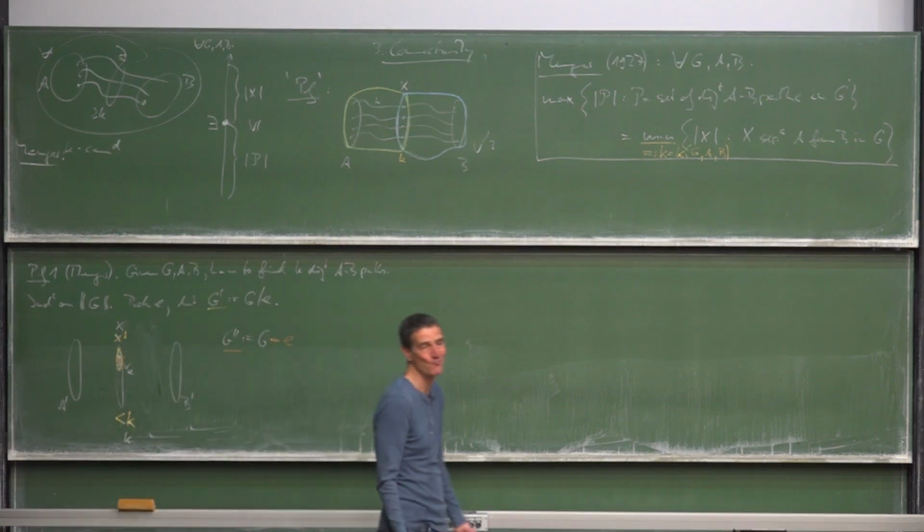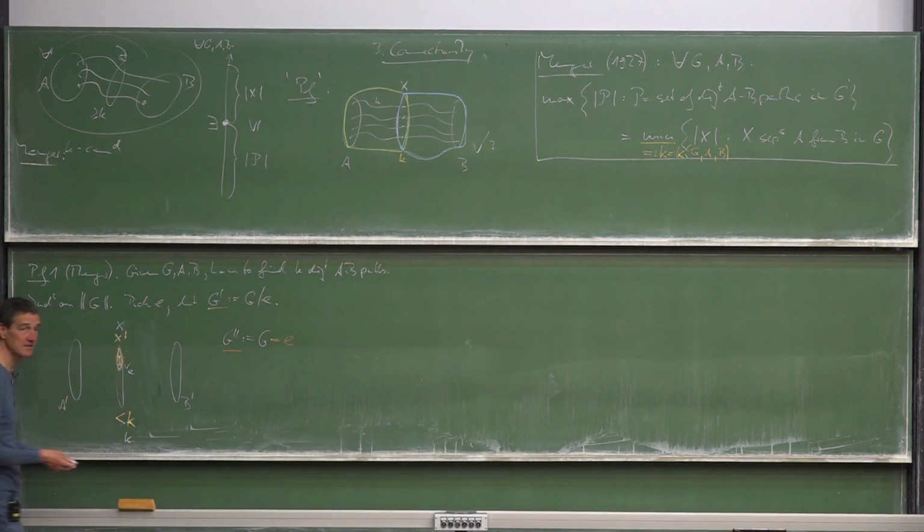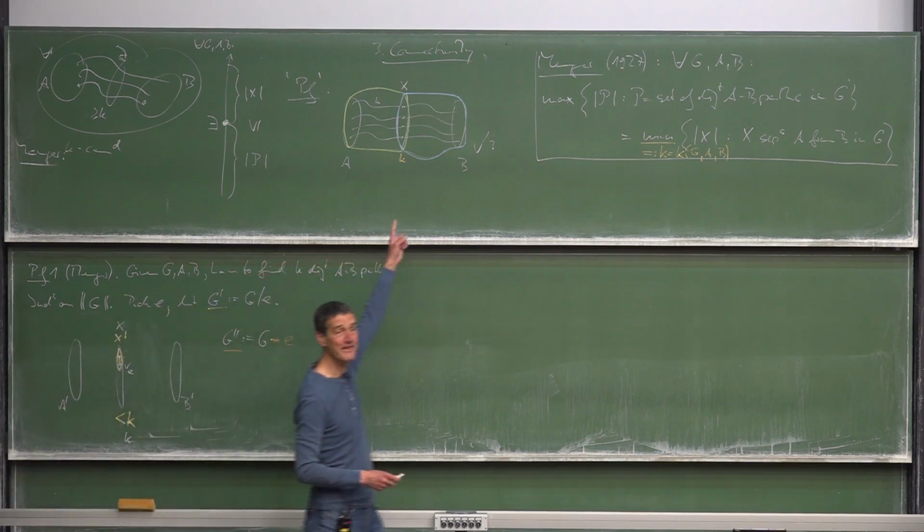Okay? And now we're back in a smaller graph. In this smaller graph, we can't have a smaller separator of fewer than k vertices from A prime to B prime, or can we? Well, let's do the bit that we did there.